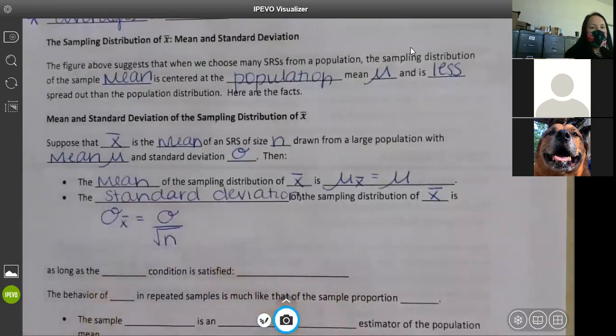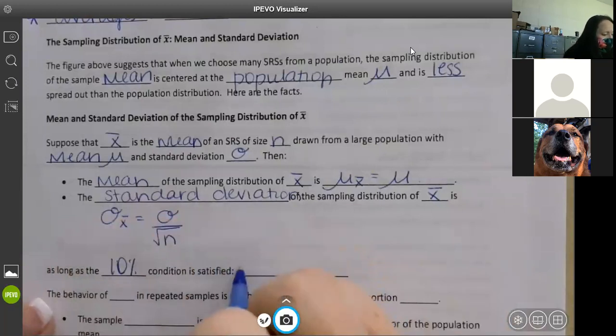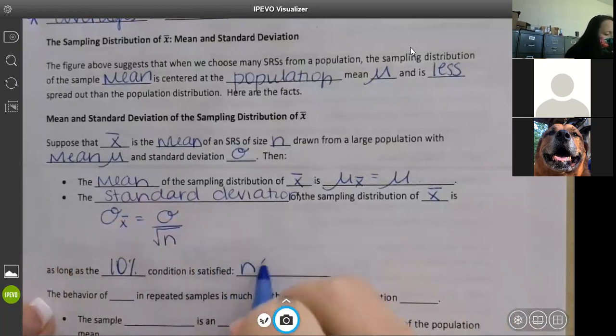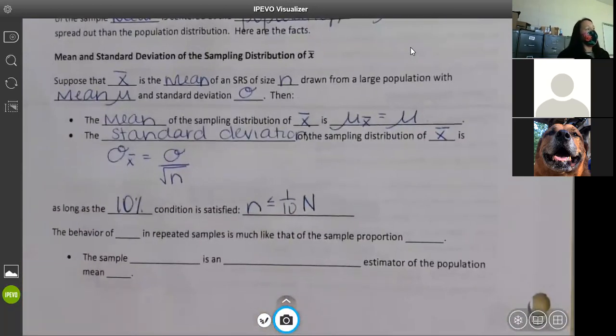This is only as long as the 10% condition is satisfied. Remember that the sample has to be less than 1/10 of the population. So when we multiply the sample by 10, that number cannot be greater than the population. All right, and we're going to go back over these. And guys, when I upload these for you, I'll upload with mine filled in. So I'll do this set so that you don't have to go back and fill it in.